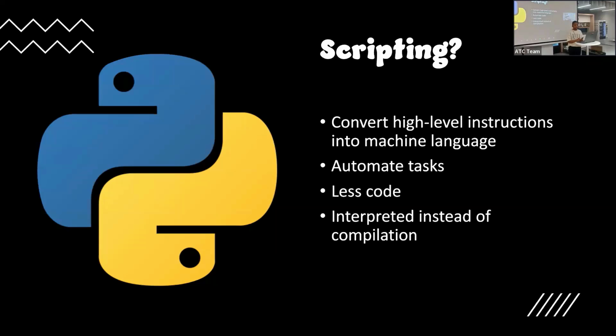Which is just coding, but I think it's less code because you just want to automate some stuff in whatever environment you're working in. One thing about it is that it uses an interpreter instead of a compiler. And that's basically scripting.